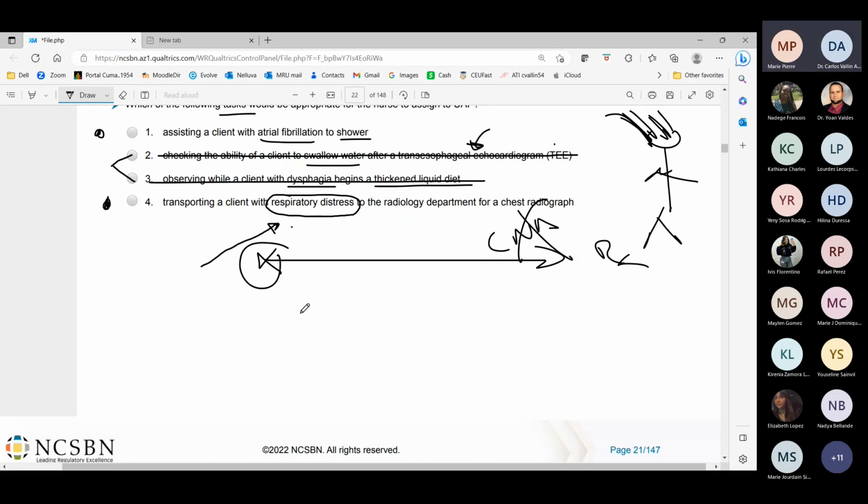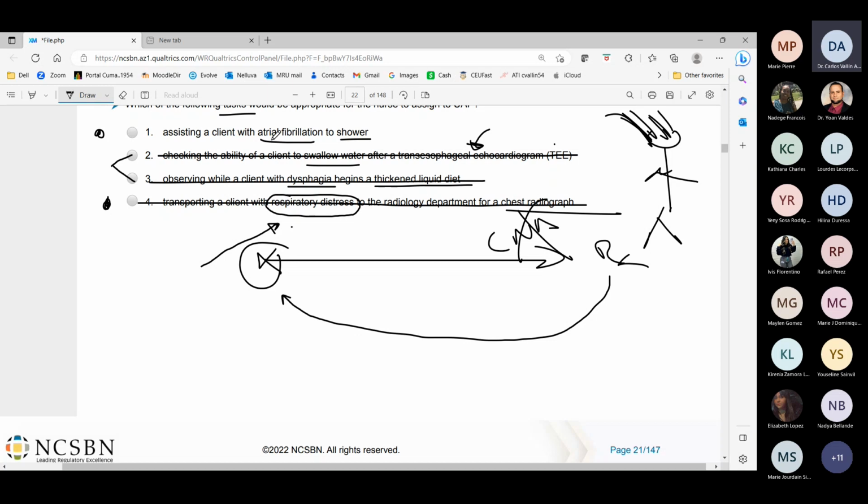No. Remember that when the patient has respiratory distress, it is X-ray that comes to the client. Remember, there are portable X-ray apparatus that allow a portable chest X-ray. So no. So it needs to be 1.